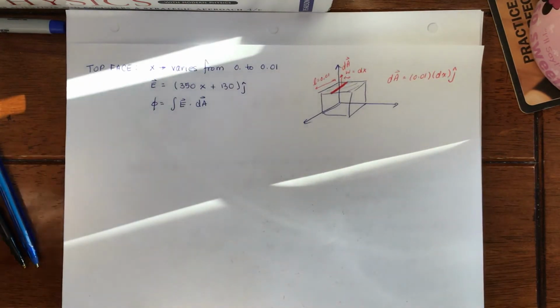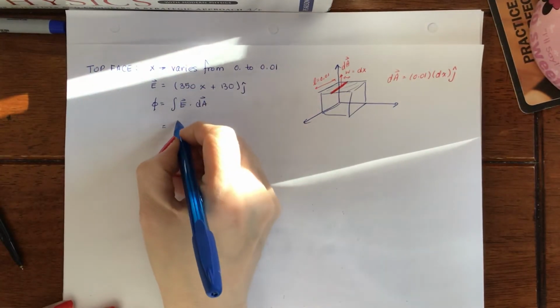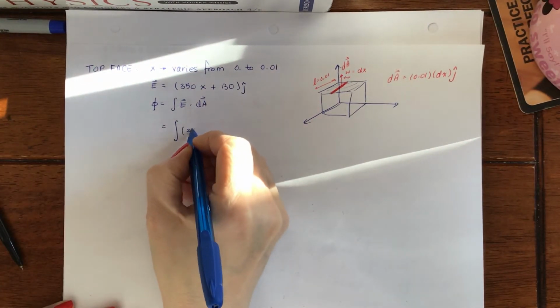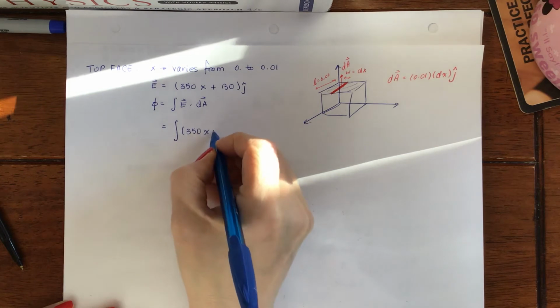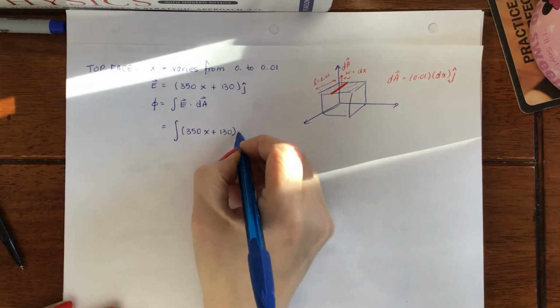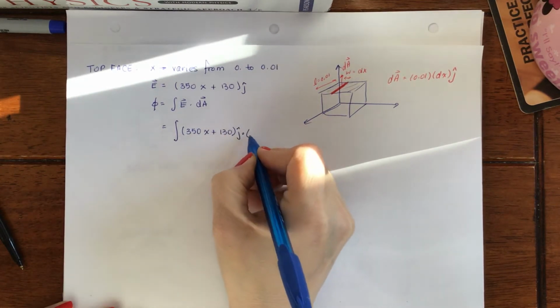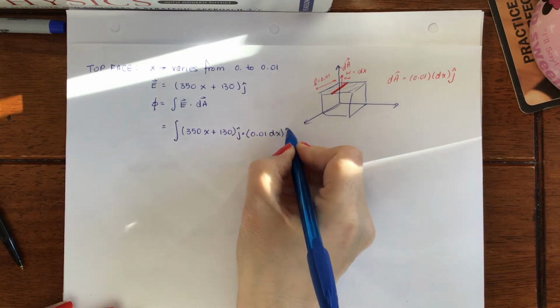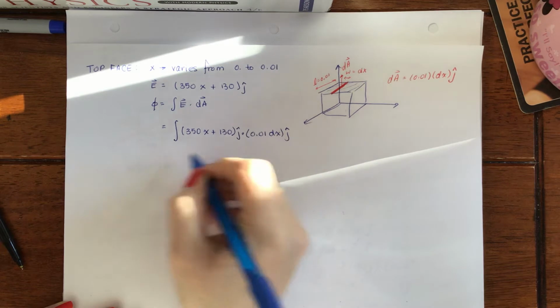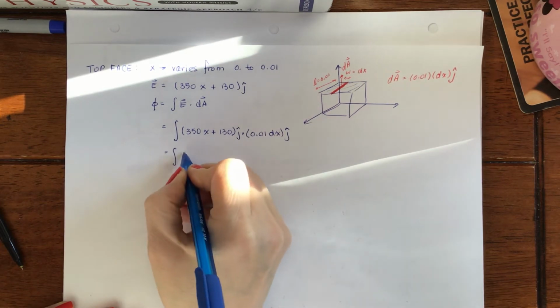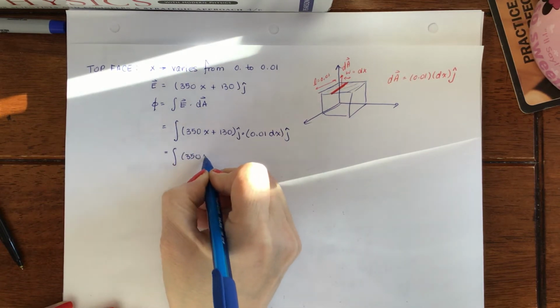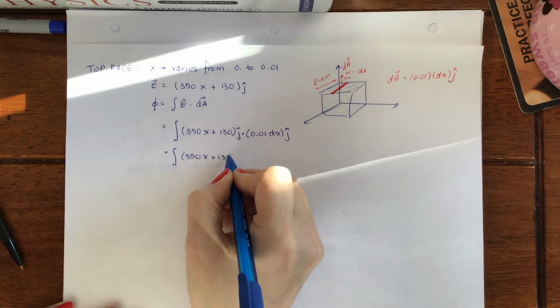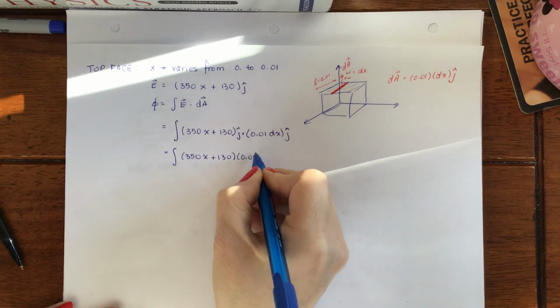Equals the integral of 350 times x plus 130 j hat dotted with 0.01 dx j hat. Let's pull the numbers to the front, the j's to the back. 350 x plus 130 times 0.01 times dx j dot j.